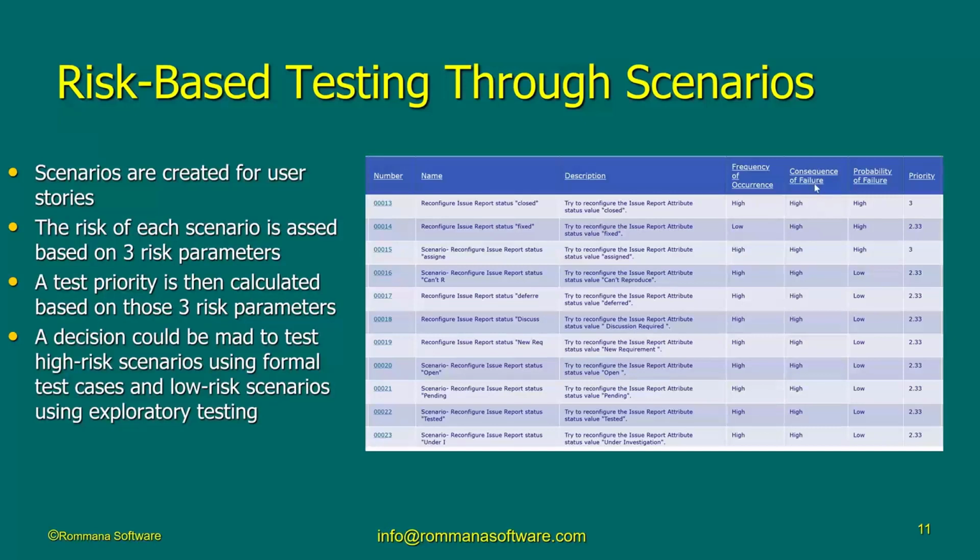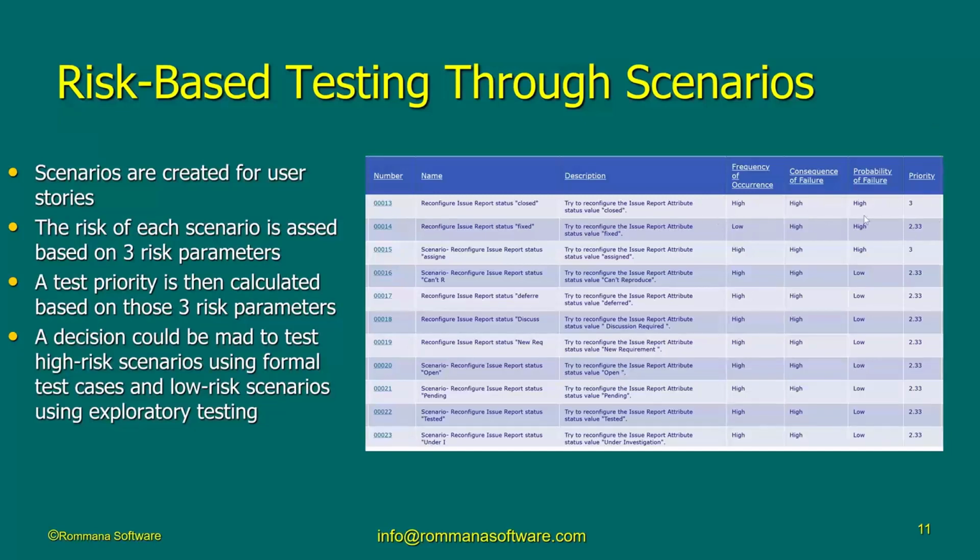The impact of failure, or the consequences of failure: what would happen if that scenario were to fail in production. And there is a probability of failure. Again, one more time, I'm not going to be able to spend much time here because that's explained in more detail in the webinar on scenario-based development and testing. So please go ahead and look at this webinar if you would like to.